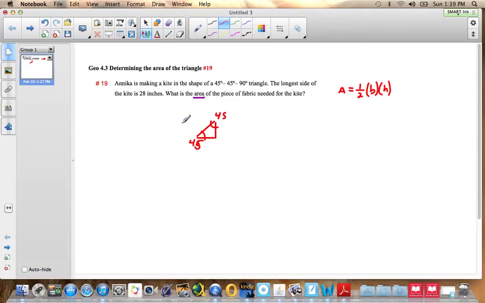They're saying C, which is my hypotenuse because it's always the longest side, is 28 inches.